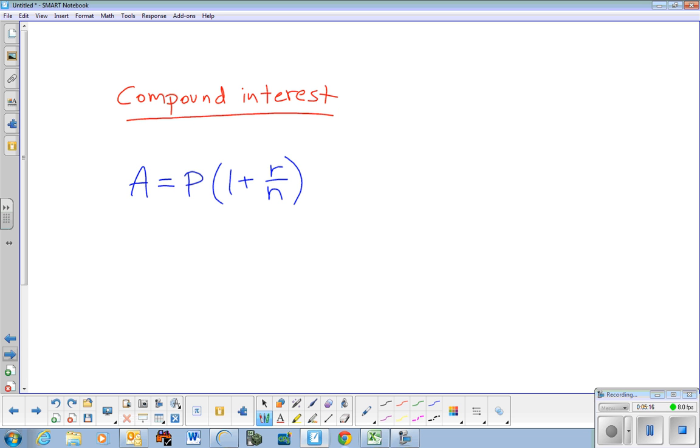The formula for compound interest is this. You need to make sure you have this formula down, and you know what all these letters stand for. A is how much you end up with, the current amount of money in the bank. P is principal, which is how much money you put in the bank. R is the interest rate.